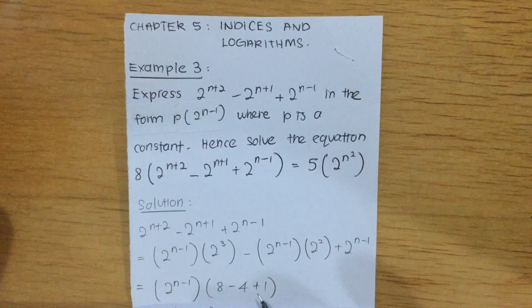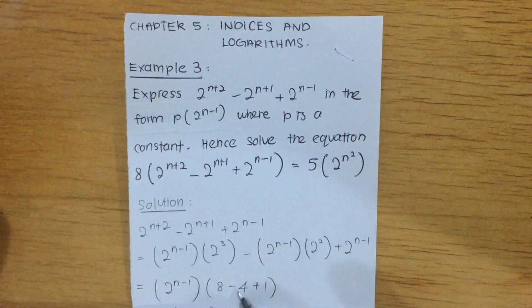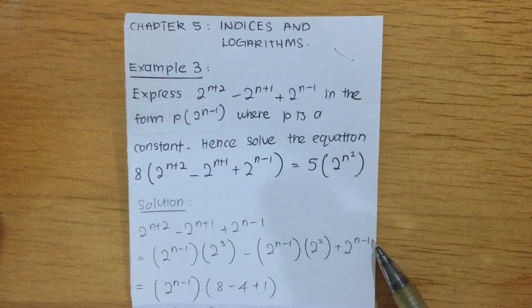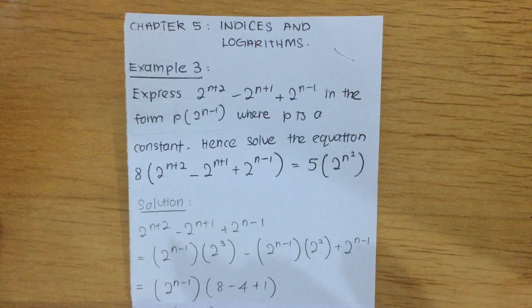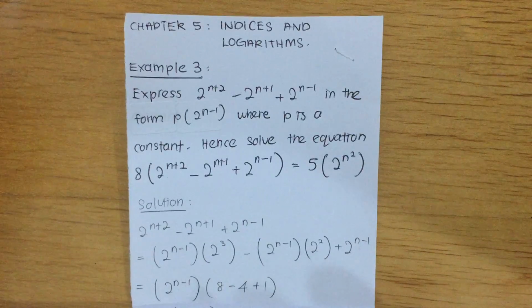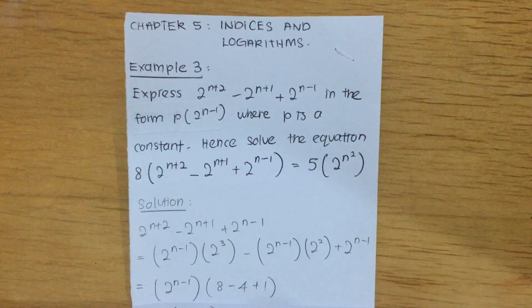So 8 - 4 + 1. Since you have a minus here, you follow the minus symbol and then plus 1. Most students neglect the 1 here, but you should not neglect it. You need to include the 1. So 8 - 4 is 4, and 4 + 1 is 5.